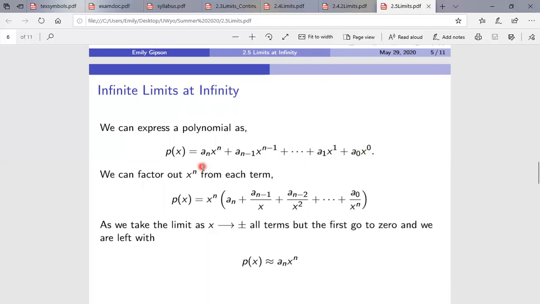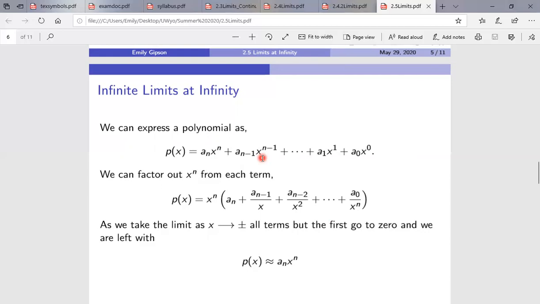And a_n just means that's the real number coefficient associated with x to the power n, and a_(n-1) is the real number coefficient associated with x to the power n minus 1. These don't have to be any particular numbers, they can really be anything. So again, think about y equals mx plus b.